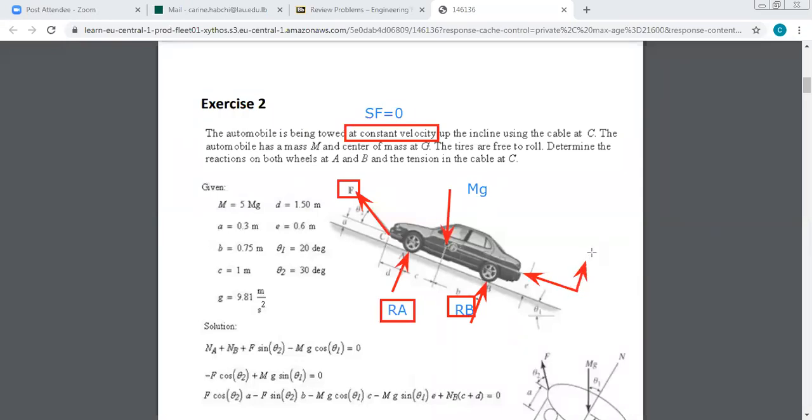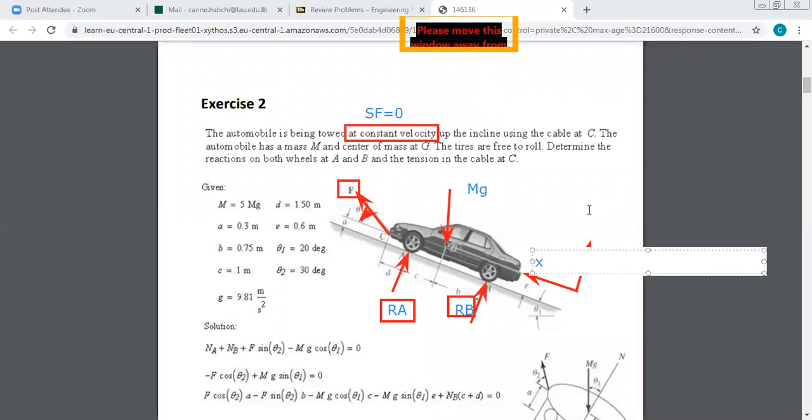Here it might be easier to work in this frame because as you can see, RA and RB are along the y-axis, which is perpendicular to the incline, and for F, they gave us the angle theta with the incline. So it is a good idea to choose the frame like this. So this is X, and this is Y.